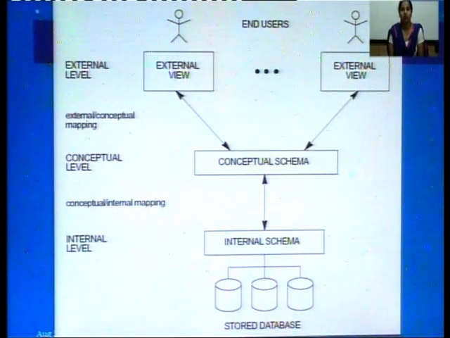This is what the conceptual schema means, how the relation is maintained. Relation means table, so how data is stored in the table is the relation. So the relational aspect is taken care of at the conceptual schema, along with entities, attributes and relationships.